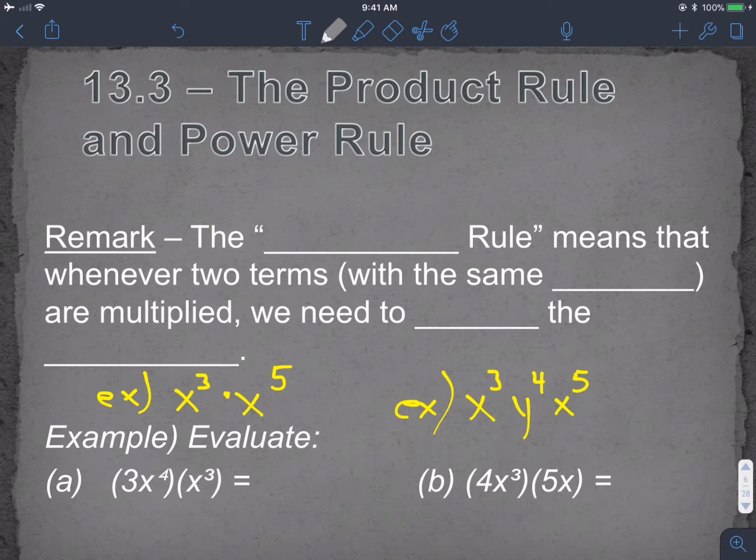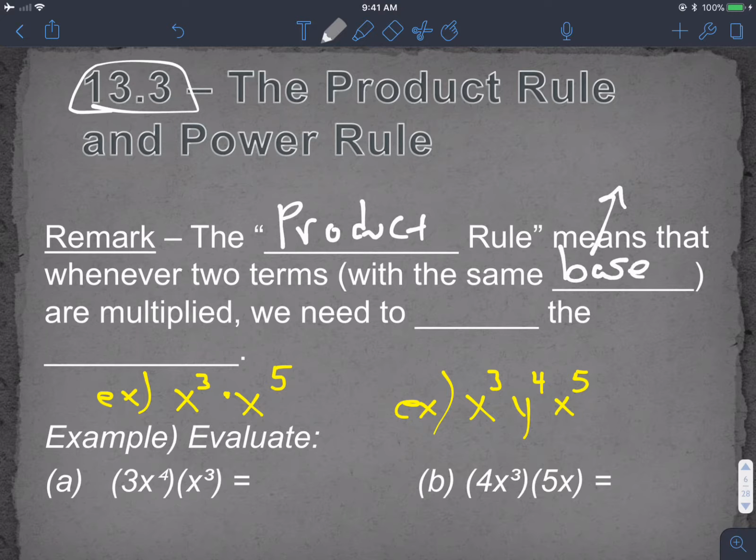The product rule means that whenever two terms with the same base, or remember, variable, are multiplied, it's going to turn into adding the exponents.